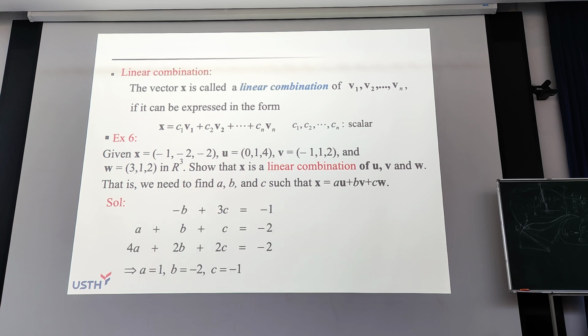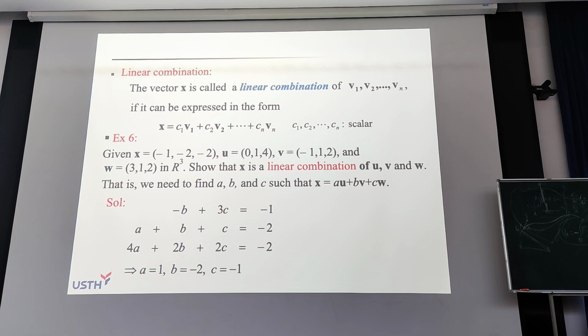Now we do the calculation. You will get a system of linear equations like that. The first column will be u, the second column will be v, and the last column here will be w. So we get that one. It must equal (-1, -2, -2). And to solve a system like that, you know already from the very beginning of the course.